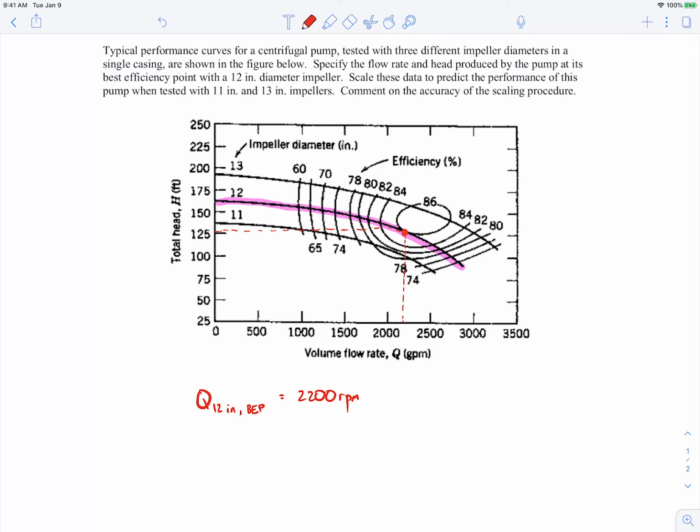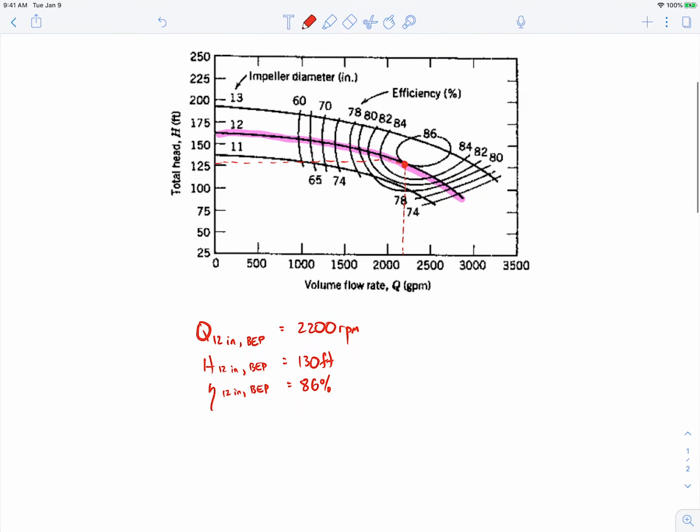I had the head rise for the 12-inch impeller best efficiency point as being 130 feet, which again is not too far off from what I estimated here. And then the efficiency, of course, at the best efficiency point for the 12-inch impeller as 86%. So that's what we get directly from the plot.